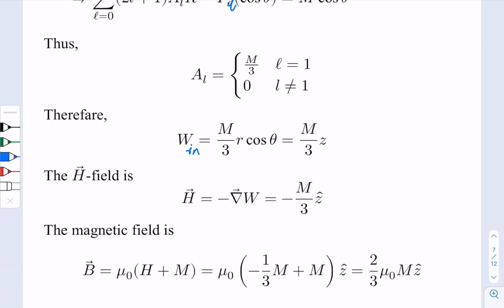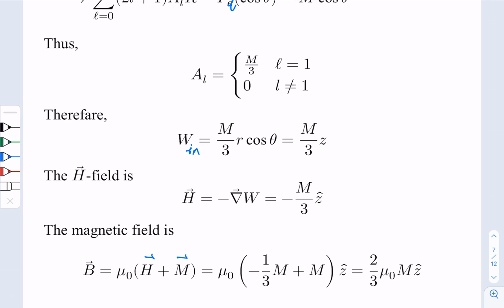So from that we can get the H field, and then from the H field, if we combine this H field with this magnetization vector m, then by plugging in all these numbers, we get the final magnetic field to be 2 over 3 mu naught m along the z hat direction.